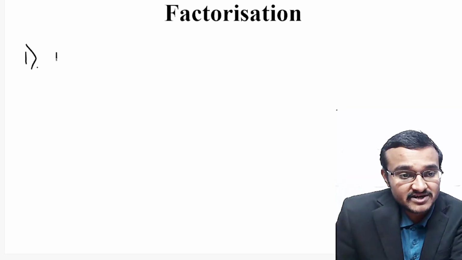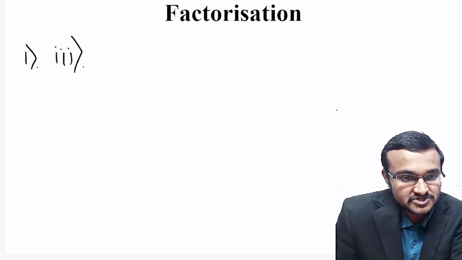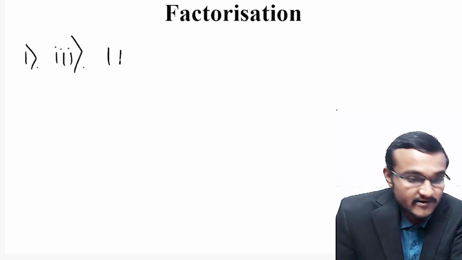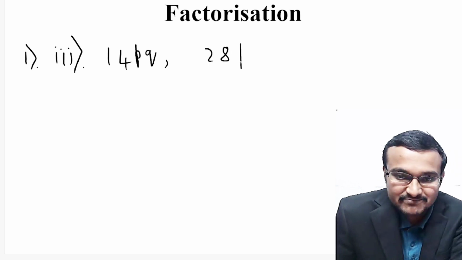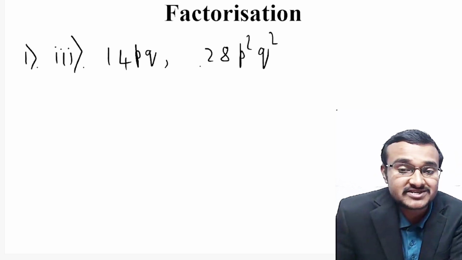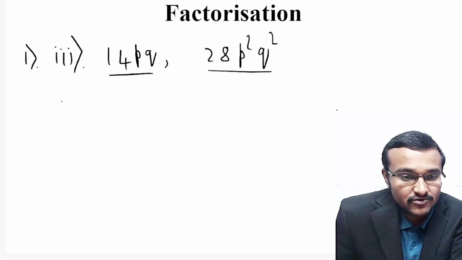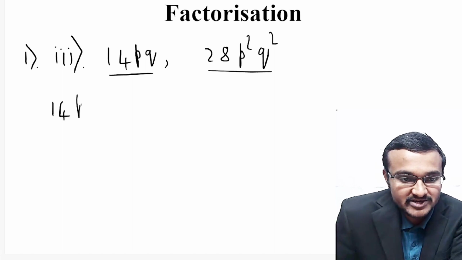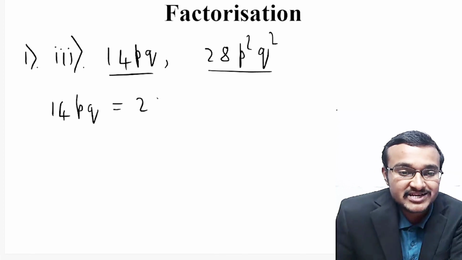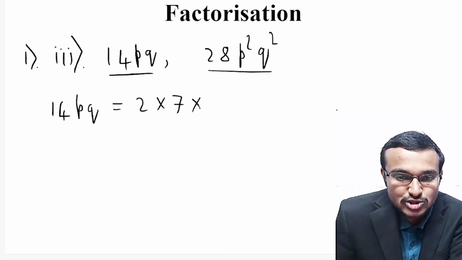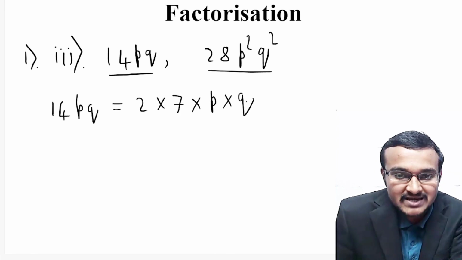So coming to the third question in this first question, there they have given 14pq, 28p square q square. So these two terms they have given. Now let us split this particular 14pq with respect to its factors. So 14 can be written as 2 into 7 into p into q.